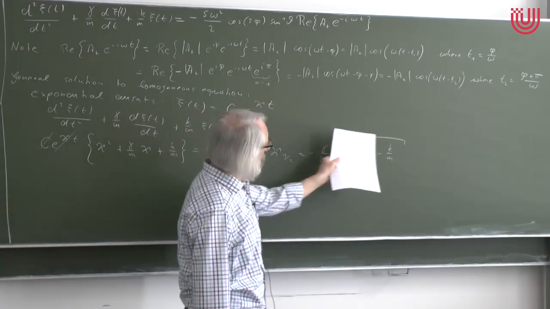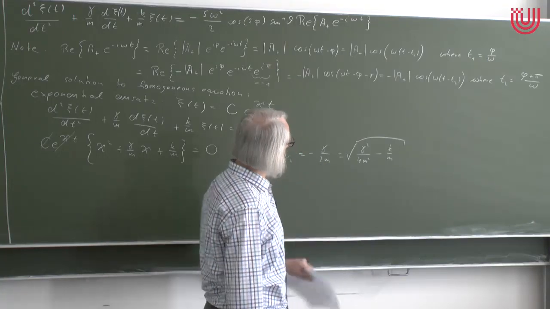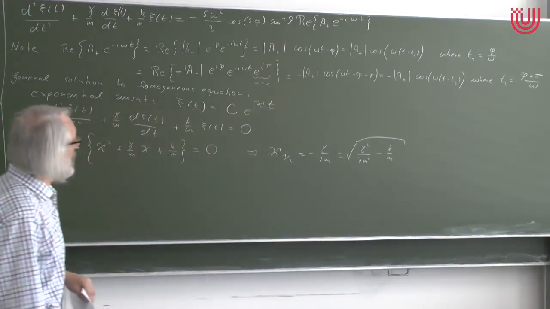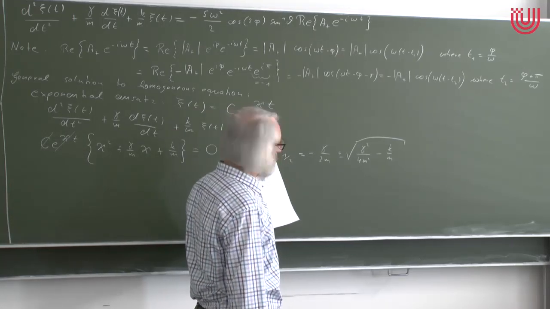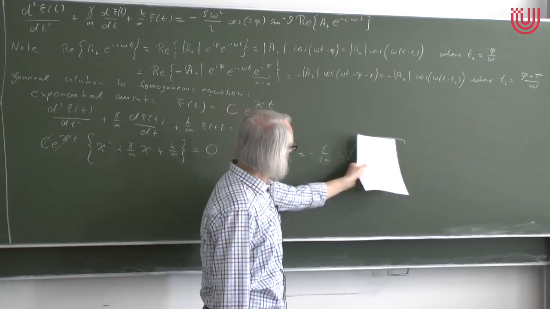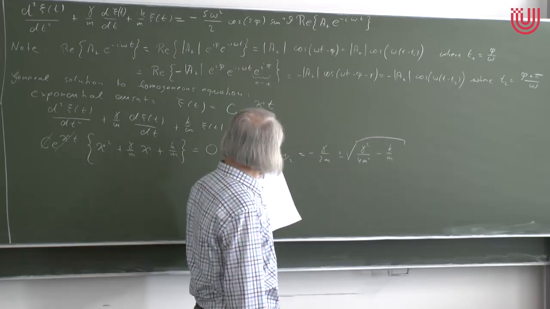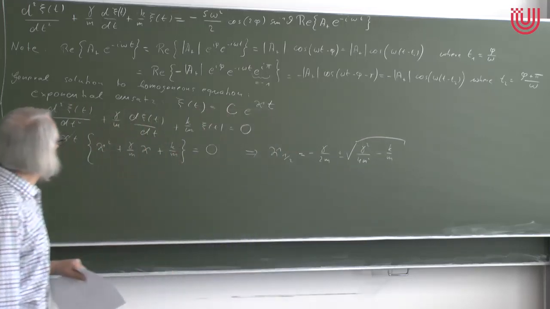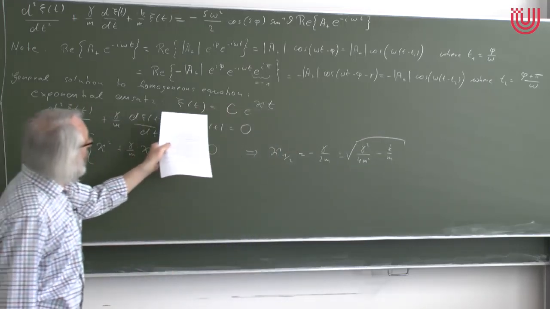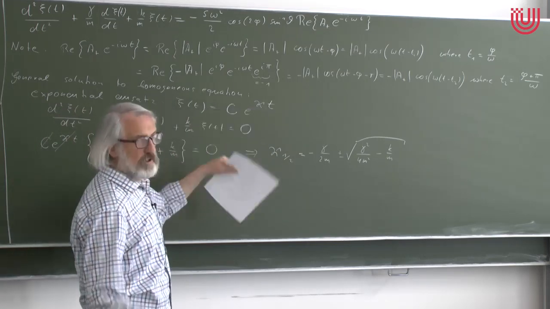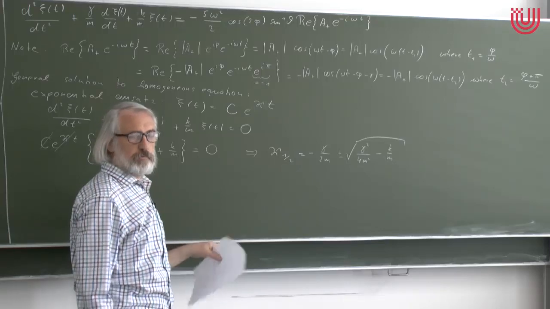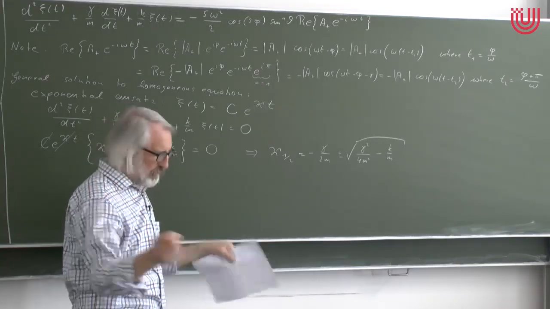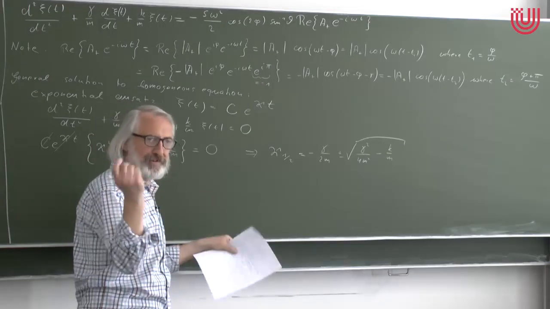Either what I have under the square root is positive, or it is negative, or it is 0, which is a limiting case. If it is positive, then both solutions, kappa 1 and kappa 2, are real. This means I have something which is exponentially growing and another solution which is exponentially decaying. I have nothing which is oscillating. But I want to have my spring oscillating.